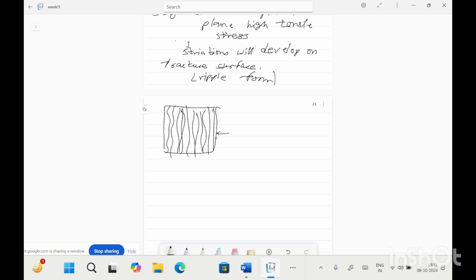Each striation represents the position of the crack front, which is normal to the largest tensile stress. This means there will be a plane where high tensile stress exists, and the striation will develop normal to this, perpendicular to this high tensile stress plane.